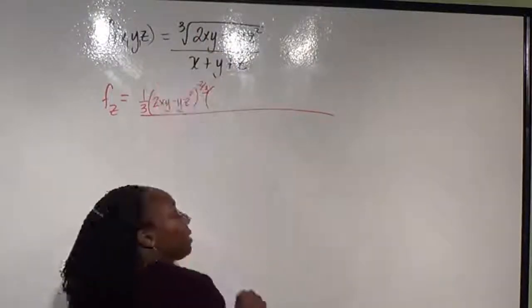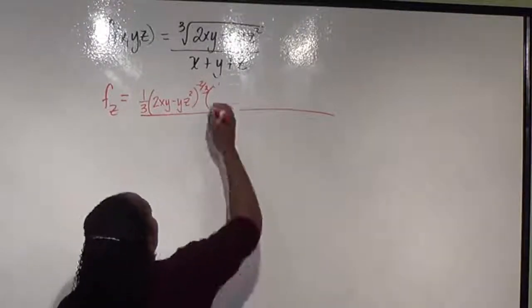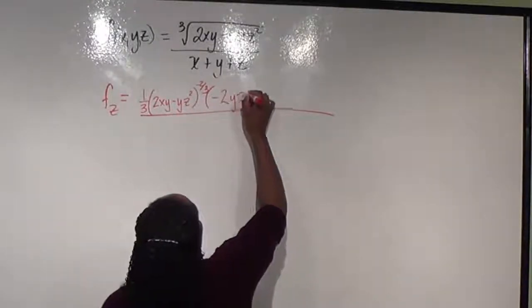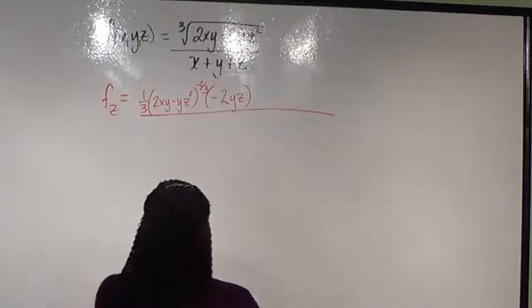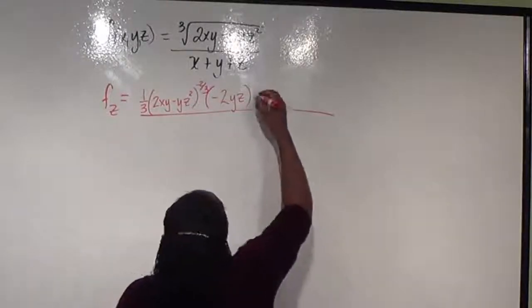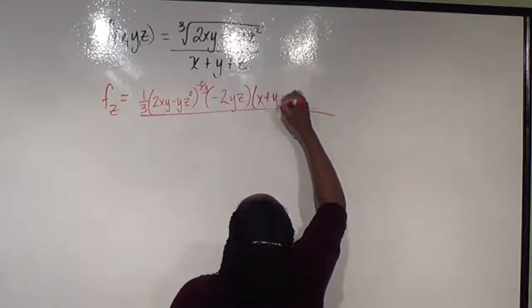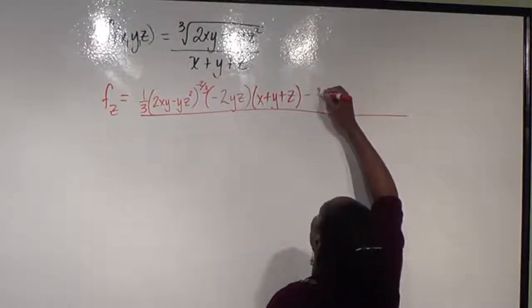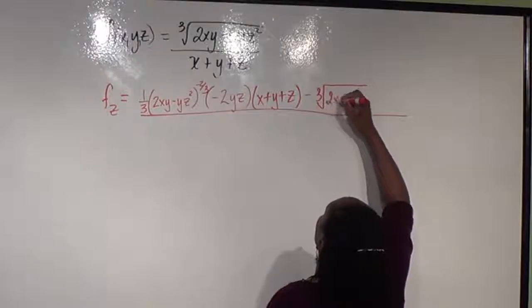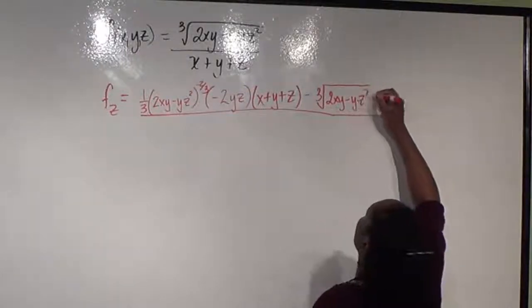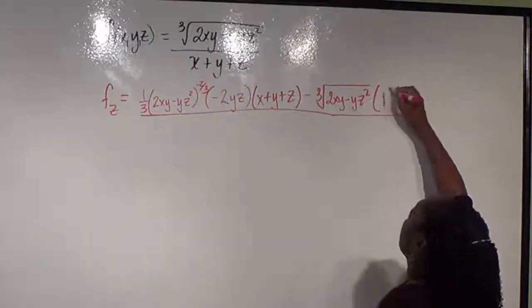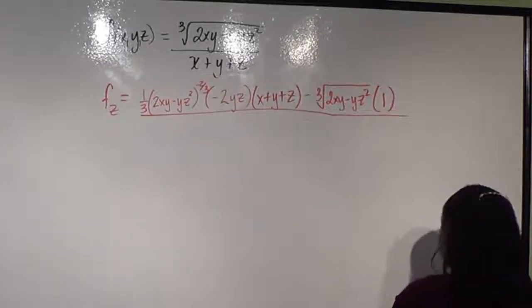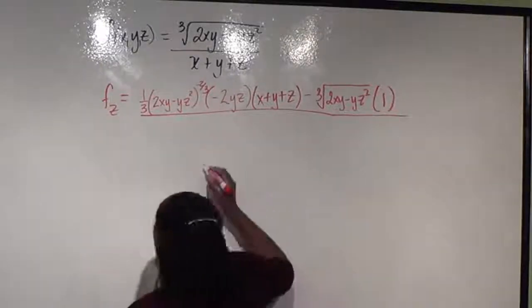First term doesn't have any z's, so that's just going to be 0 minus a 2yz from the derivative there with respect to z. That's times the bottom minus the top times the derivative of the bottom. All over bottom squared.